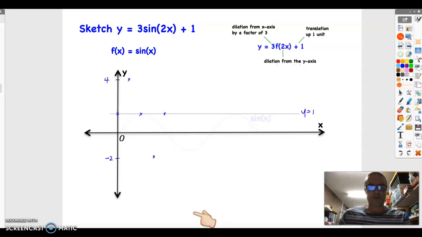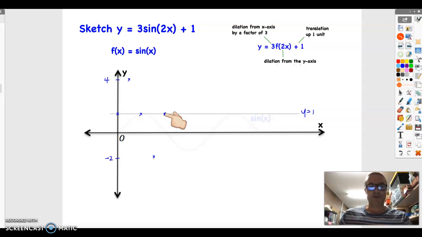And you might see here, I've made a faint line, that imaginary horizontal line, and the original period of sine x has been halved. So I'm imagining a curve that is completed in half as much time.